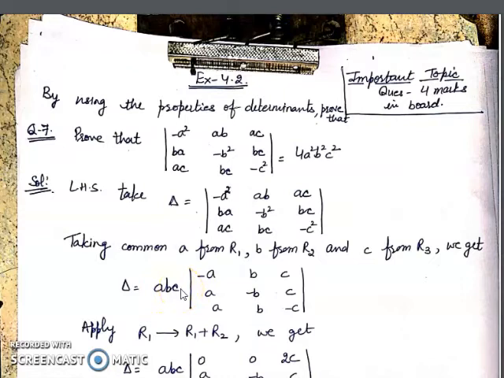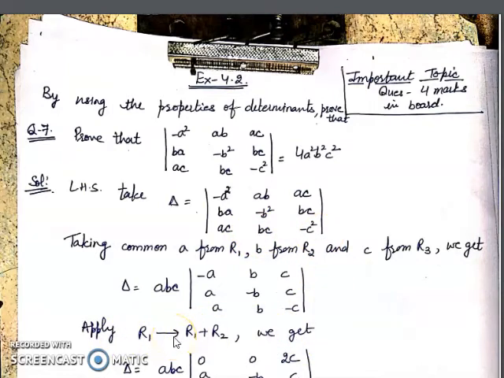You remember the property: if we take something common, then the value of the determinant is multiplied. So the remaining determinant is minus a, b, c; b is taken common, so a, minus b, c; c is taken common from row 3, so a, b, minus c.